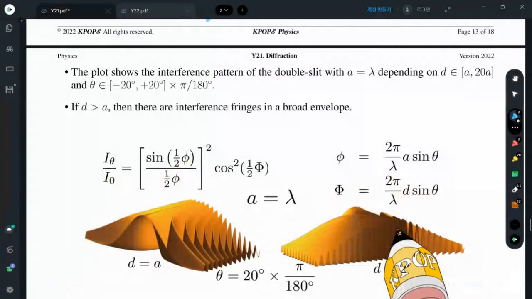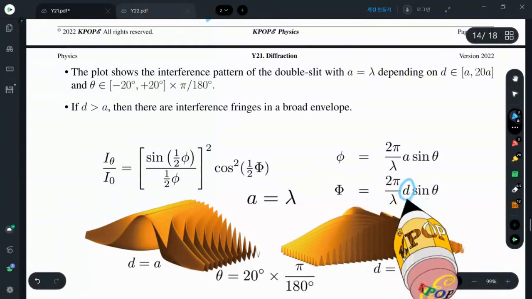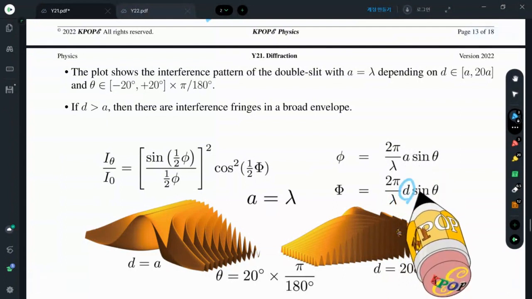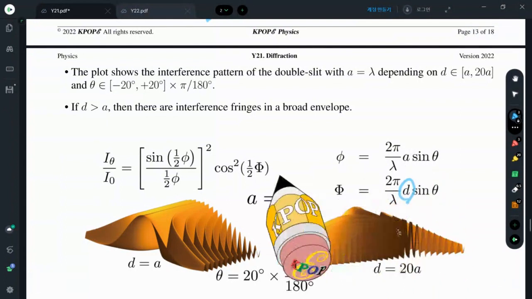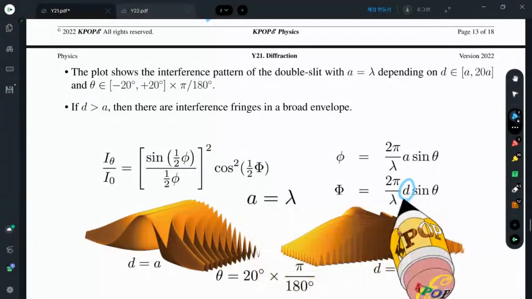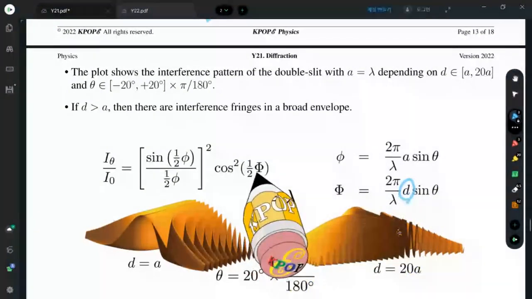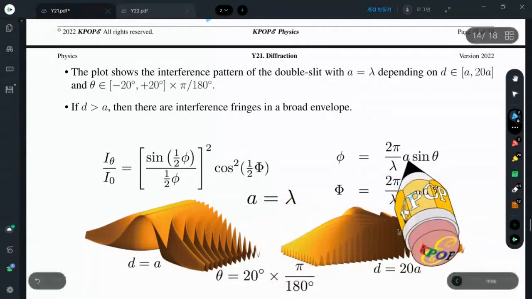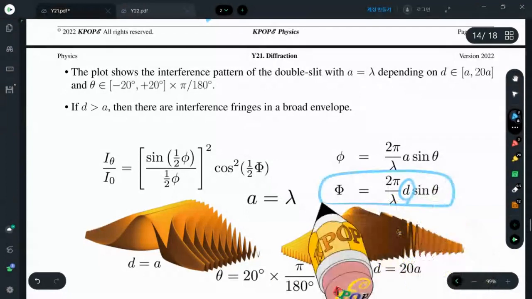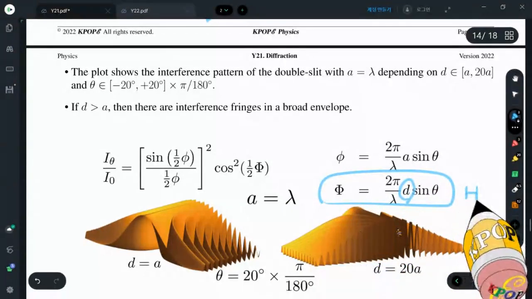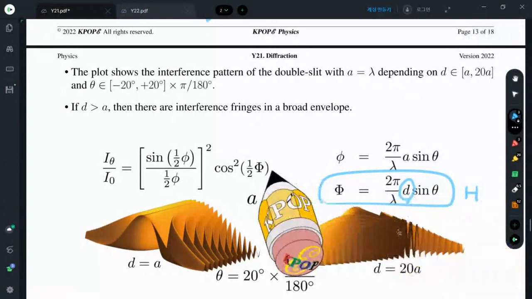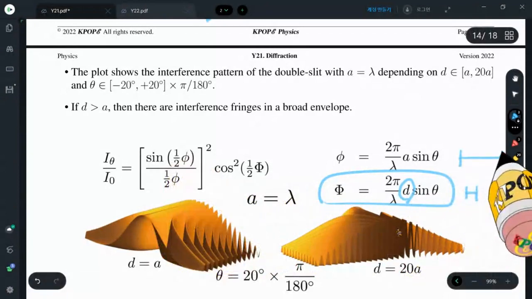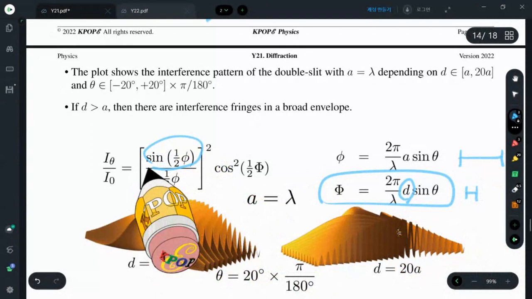As a result, the double slit experiment will give this kind of shape. Because d is greater than a, if we substitute this into the argument, this magnification makes the oscillation very fast. So the period of this should be very tiny in comparison with the period of this distribution, only in the numerator.